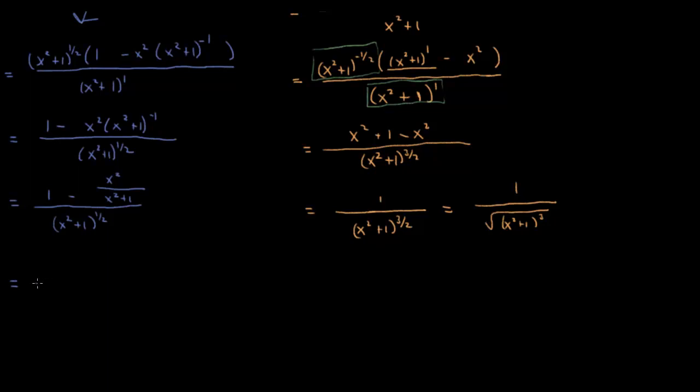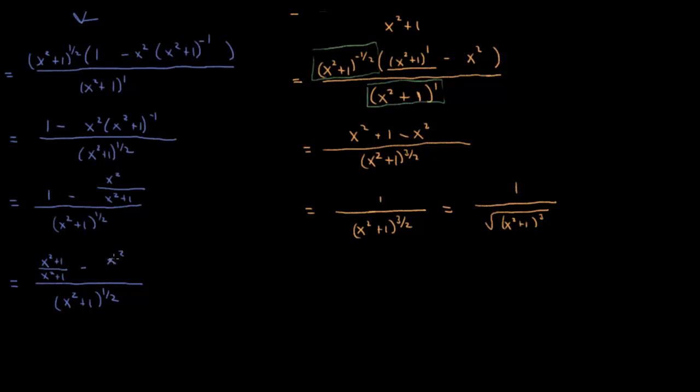Okay, so now I need to get a common denominator on this whole numerator. So I have x squared plus 1 still hanging out down here to the 1/2 power. Now what's the common denominator? I have 1 here. My common denominator is x squared plus 1. So I need to multiply 1 times x squared plus 1 over x squared plus 1. So that's x squared plus 1 over x squared plus 1. That's just a fancy version of the number 1.